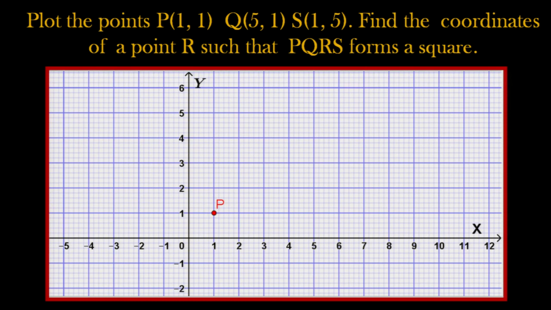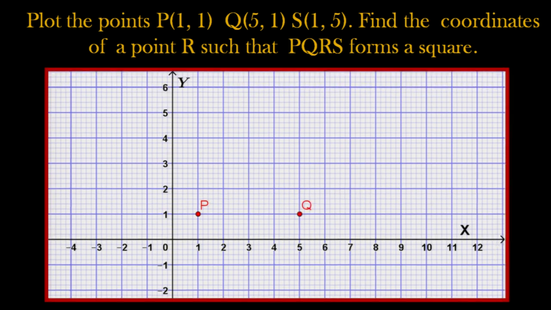Again we have to plot the point Q in the same way. The coordinates of Q are 5, 1. Therefore we have to go 5 units along the x-axis and 1 unit along the y-axis, and this is Q. And about S, this is 1, 5.